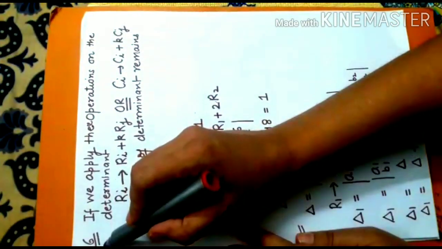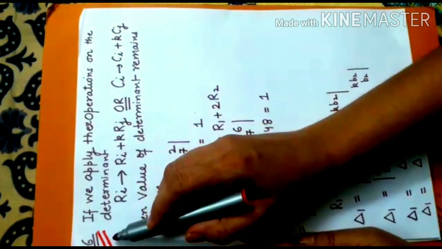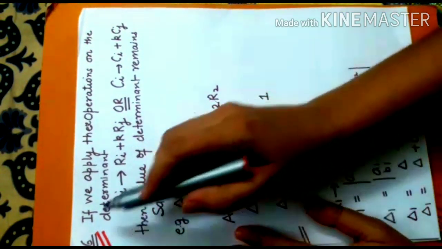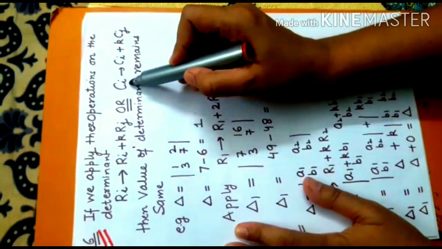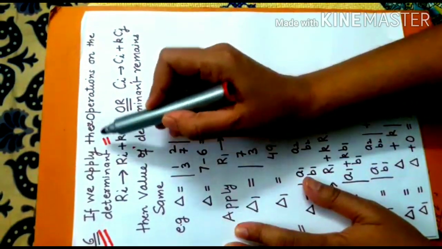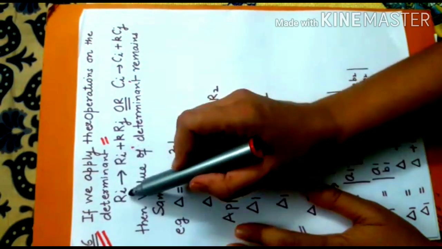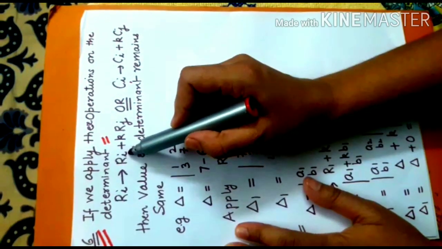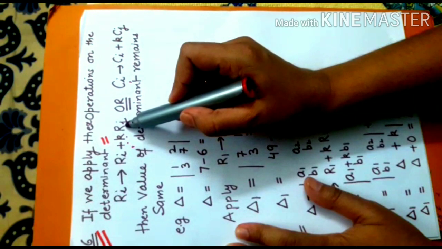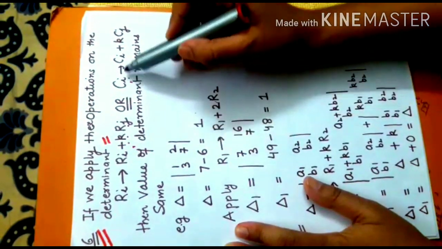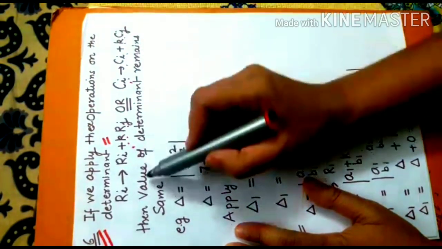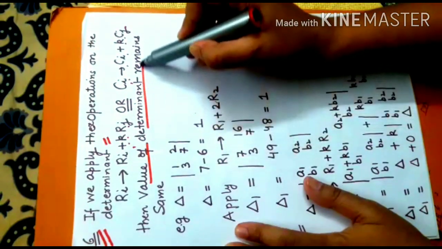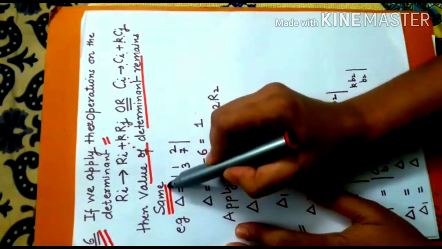Now we have the sixth property of the determinants, which says if we apply the operations Ri changes to Ri plus k times Rj, or Ci changes to Ci plus k times Cj, the value of the determinant remains the same.